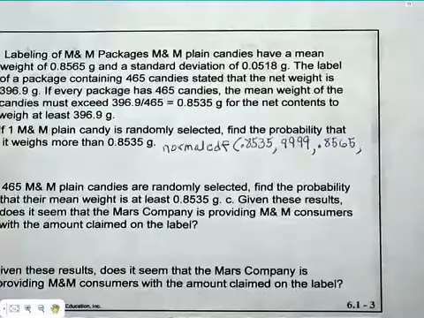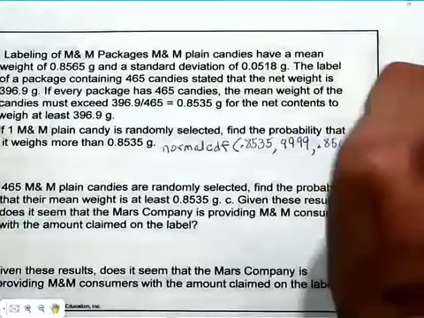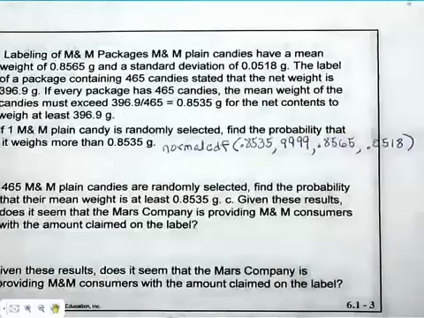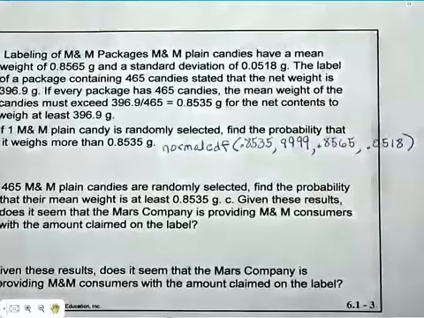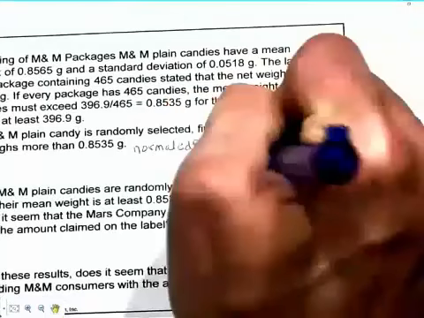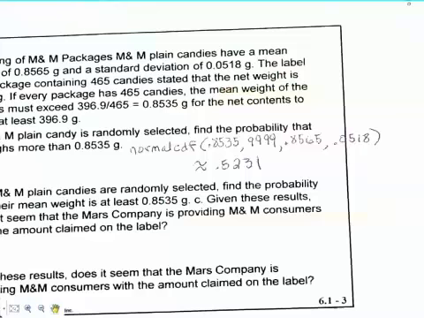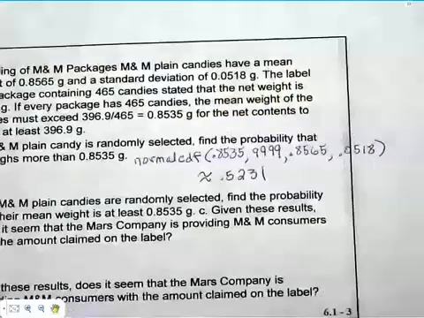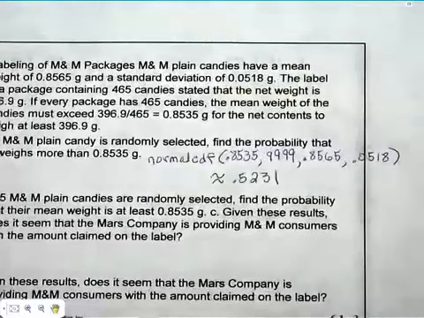It's still 0.0518. I got that to be about 0.5231. Anybody second that?